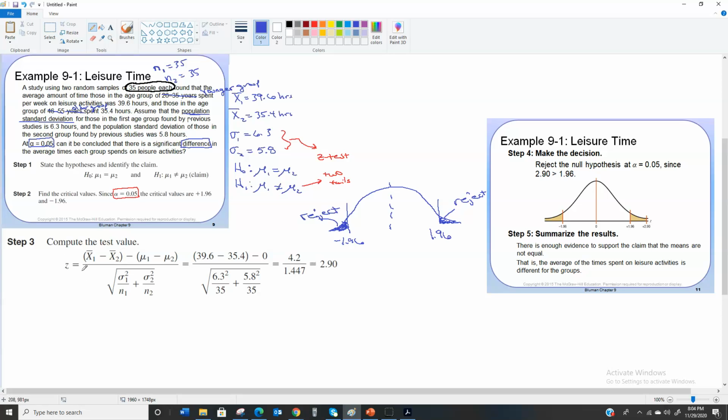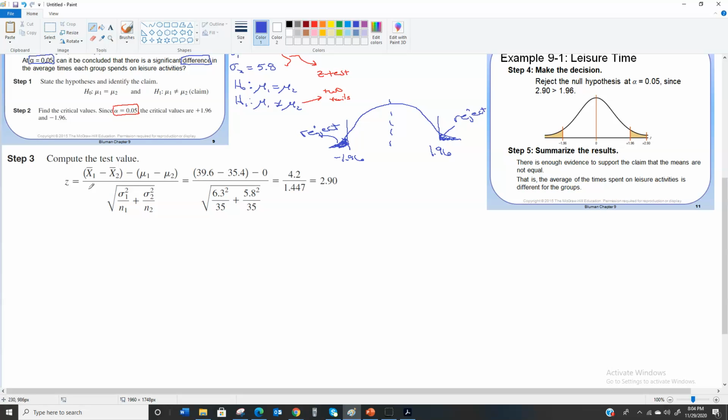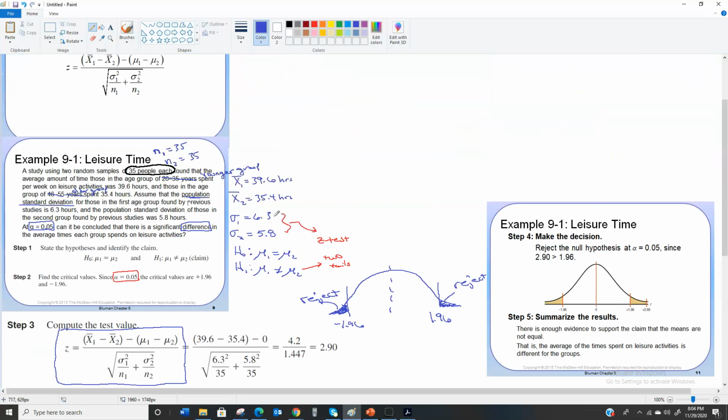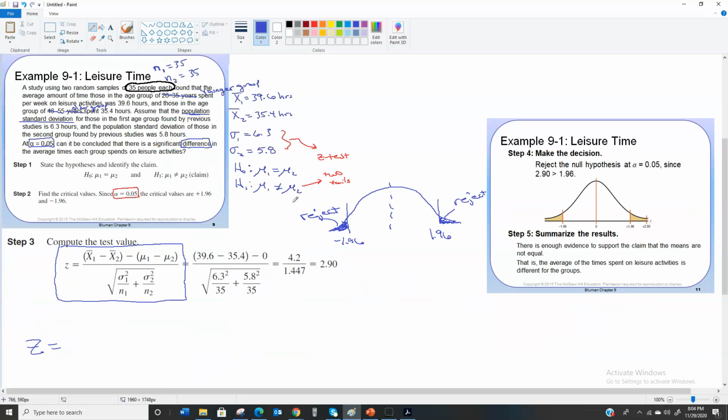So now to compute this, I'm going to use this formula, and I'll fill all these things in fresh so you can see where they all came from. So our z is going to be x sub 1 minus x sub 2. Remember, that was 39.6 hours for the younger group and 35.4 hours for the older group.